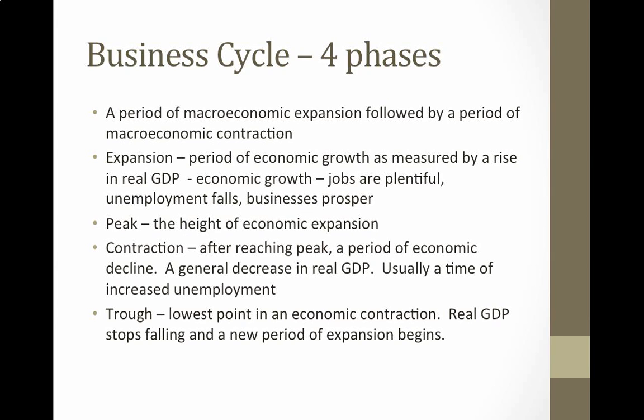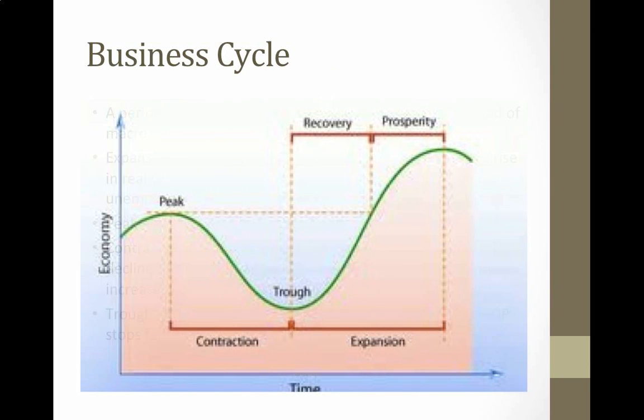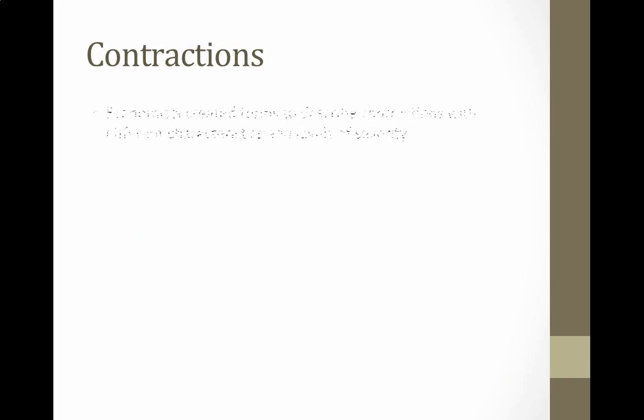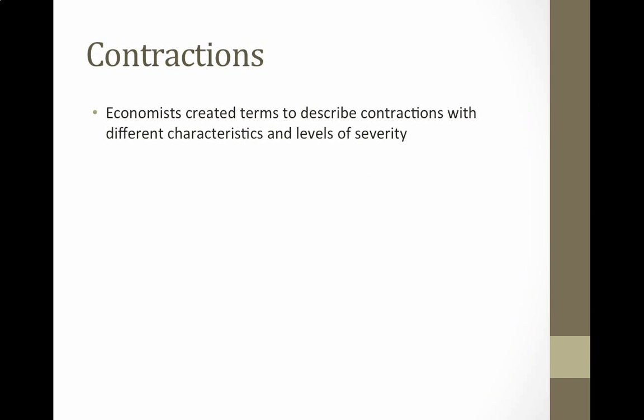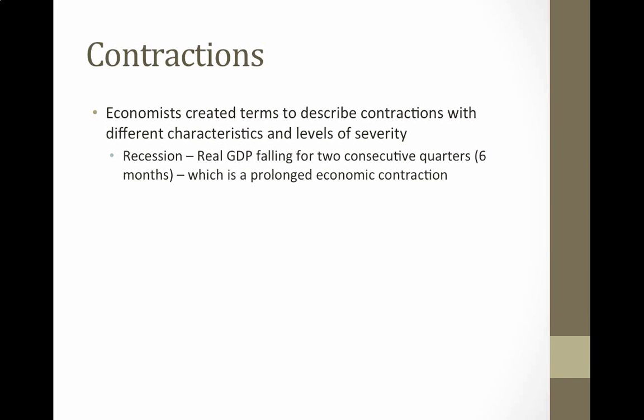And after we reach the lowest part, we only have up to go, so we see another period of expansion. And that's what this graph is showing. You have, starting out with a peak, going through a contraction, reaching the bottom, the trough, and then going through another expansion, recovery.